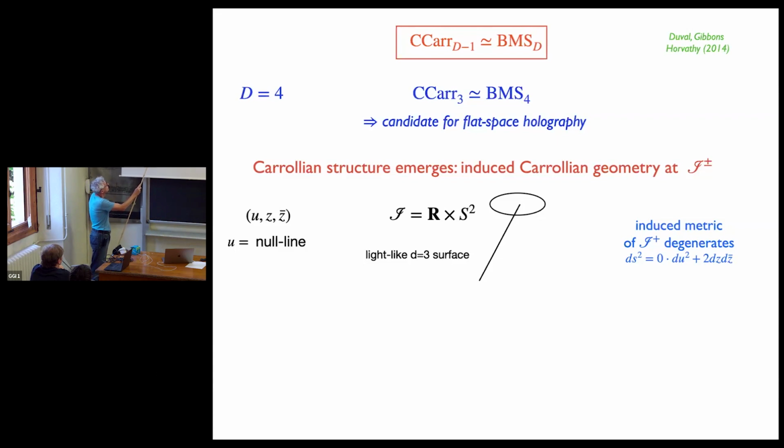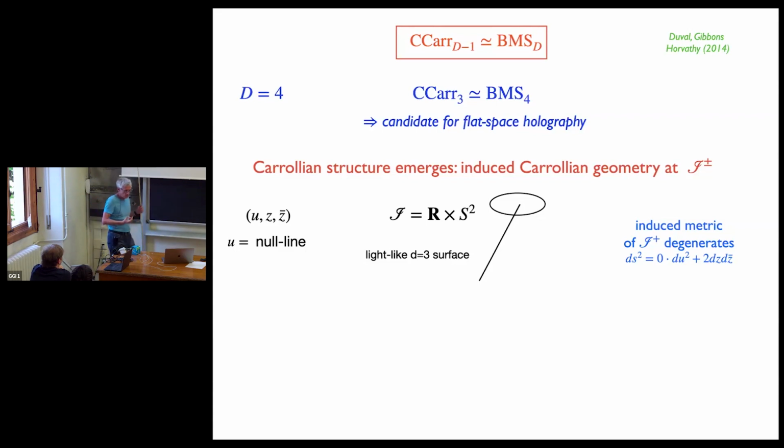The Carrollian group we get, as I showed you before, from sending the speed of light to 0 in the 4-dimensional Lorentz group, and if you also take the conformal group, you can construct the conformal Carrollian group.